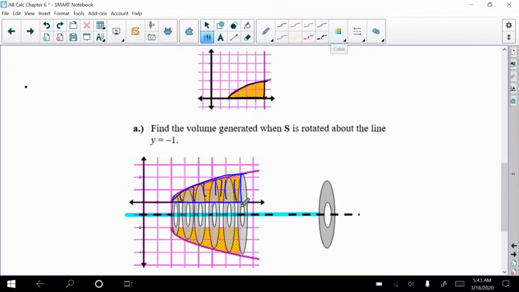So if I know that there's a gap of 1 in between the curve and the line of rotation, then the lower boundary also has a gap of 1. So if I were constructing that up here, I would say, okay, here's my line of rotation, and then I would just draw its mirror image. I think the most helpful thing to do is draw that mirror image. Here's what it looks like when reflected over the line y equals -1.